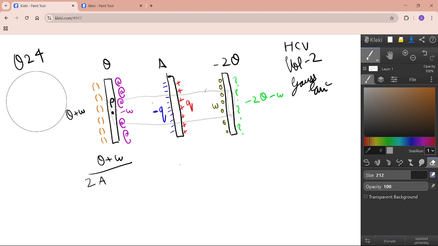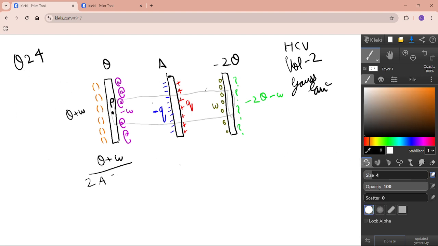So it's minus omega upon 2 epsilon naught, the same in all.